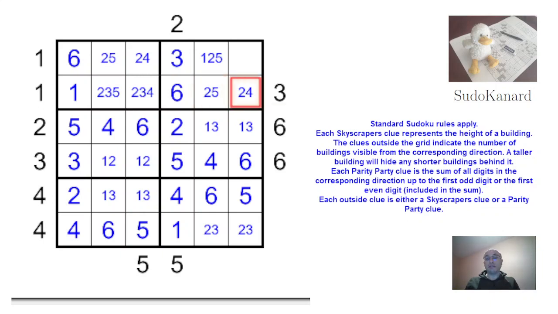So now this 3 obviously won't be a parity party clue, so it must be skyscrapers. So whatever the digit here, that has to be a 5. And this is where I'm starting to fear something has been lost in the earlier logic.